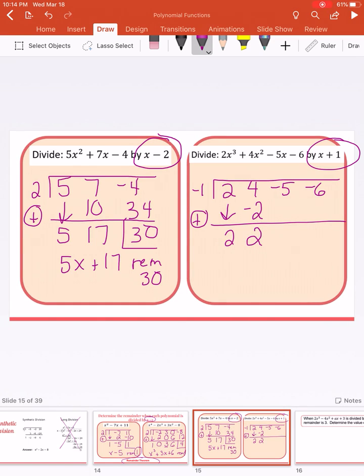Negative 1 times 2 gives me negative 2. Negative 5 plus negative 2 is negative 7. Negative 1 times negative 7 gives me positive 7 with a remainder of 1. So the quotient of my division statement here ends up being 2x squared plus 2x minus 7 with a remainder of 1.